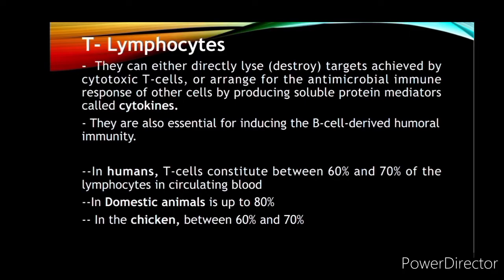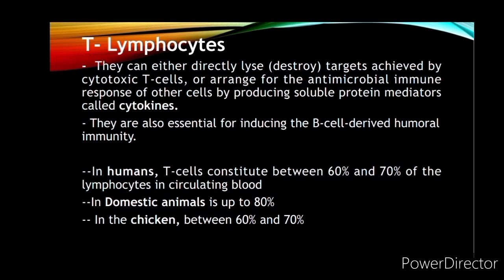T lymphocytes are essential for inducing B-cell-derived humoral immunity. They can either directly lyse or destroy targets, achieved by cytotoxic T cells, or arrange for the antimicrobial immune response of other cells by producing soluble protein mediators called cytokines.